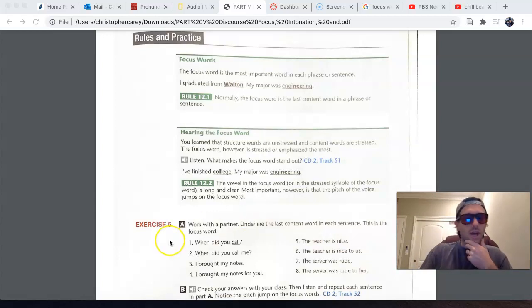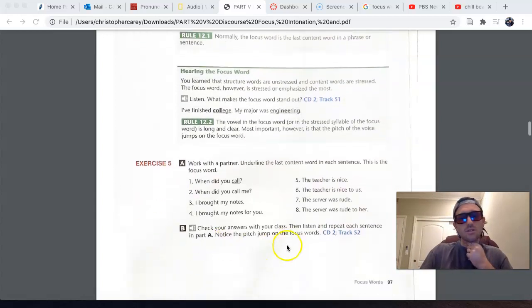So let's give a listen to exercise 5, CD2 track 52. Which one of these words is the focus word, do you think? Go ahead and underline the last content word in each sentence, and it's the last content word that we consider the focus word.